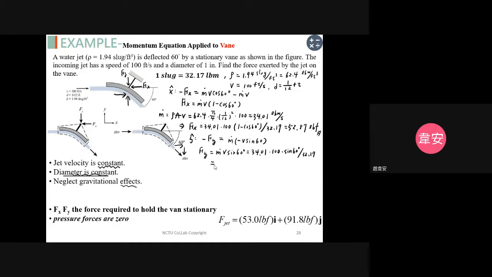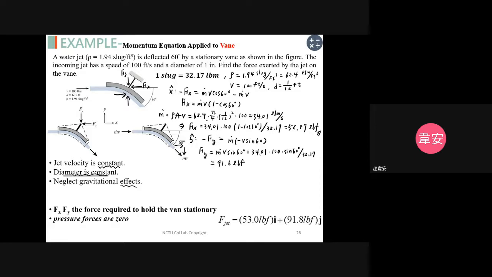So 34.01 multiplied by 100 multiplied by sine 60 degrees, divided by 32.17. The answer is equal to 91.6 pound force.